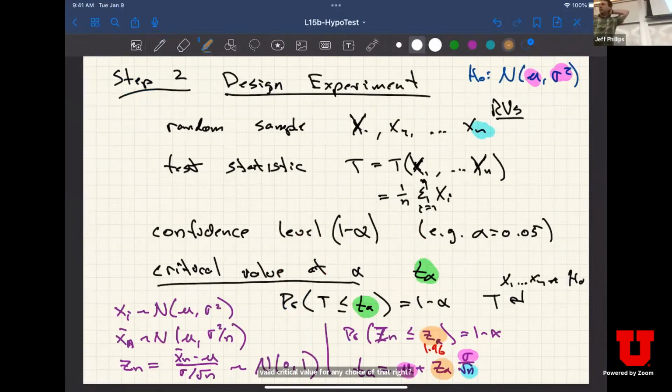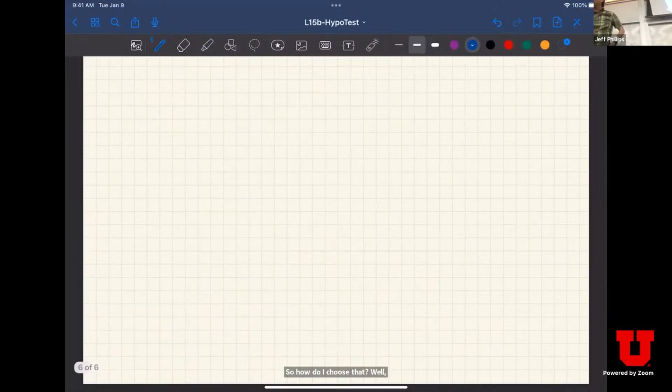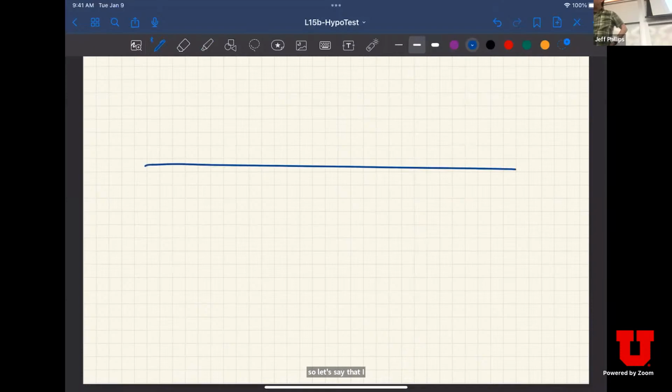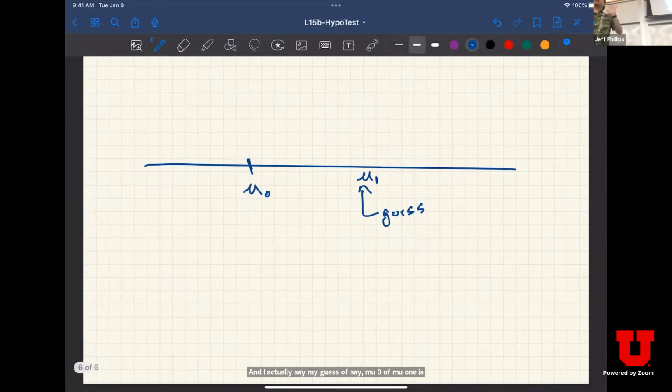Let's say I have mu 0 here, and my guess mu 1 is actually over here. I kind of know where I think the height is.